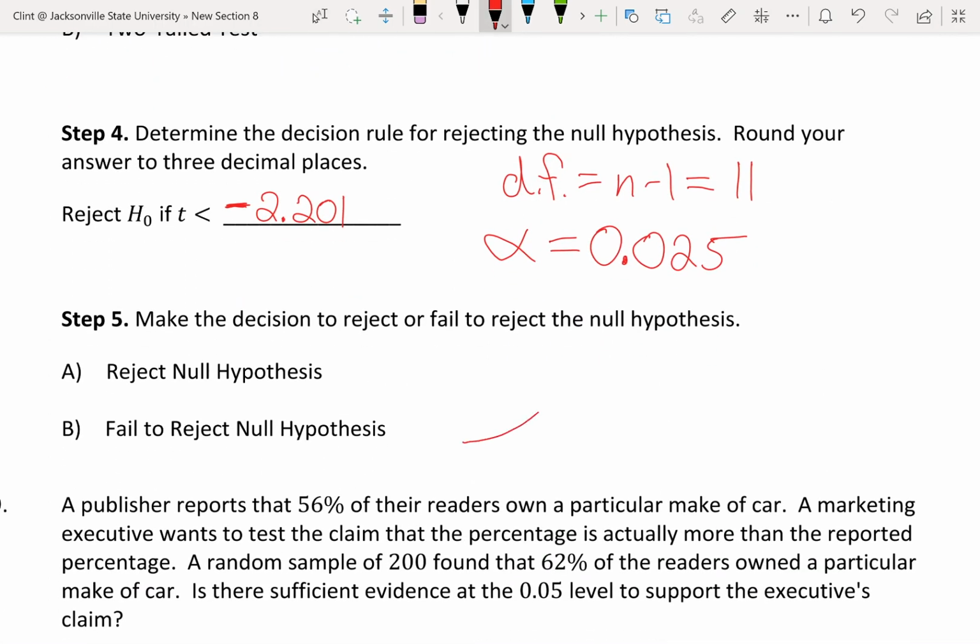We can make a little sketch if we want to. So here's our critical value, negative 2.201. Our test stat falls to the left of that. We reject the null hypothesis.